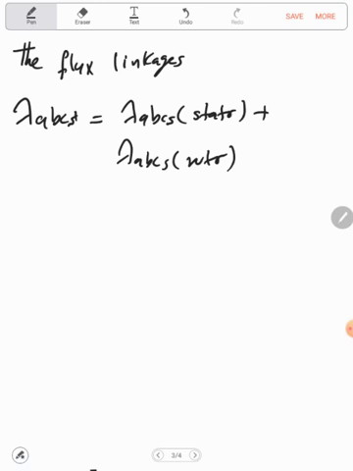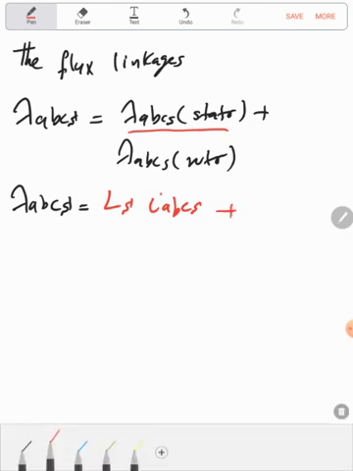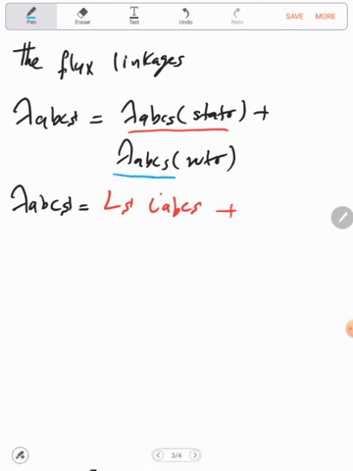So simply lambda ABCS will equal, now the flux linkage due to the stator simply can be written as LS IABCS. Of course, we are assuming a linear magnetic circuit, plus now the flux lambda ABCS due to the rotor.